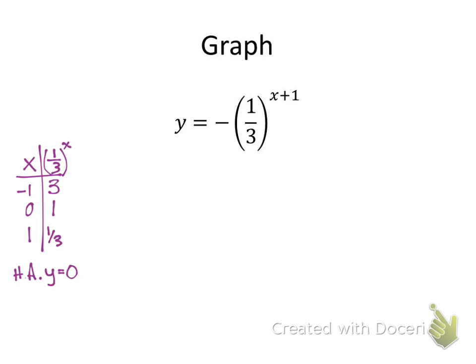And now let's look at the translations or the transformations. Because in this case, the inputs, so inside the exponent, affects the inputs inversely. We're going to subtract 1 from all the inputs. And then the outputs will be multiplied by a -1.